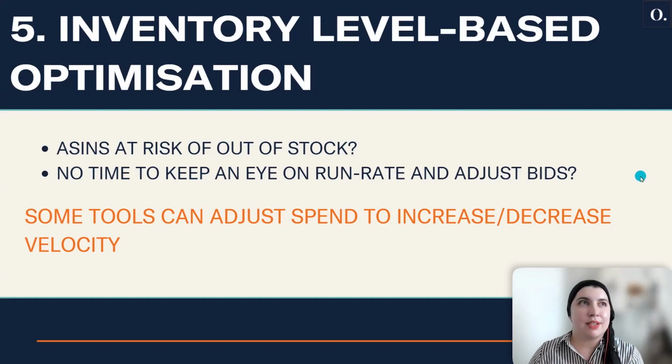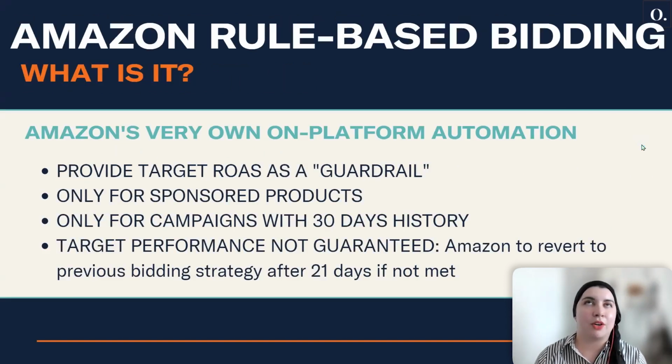And there's one point that I covered shortly, and it's the Amazon on-platform optimization rules that are available. I mentioned previously that Amazon has implemented their own budget-based automation, and it's obviously in need of improvement so far.